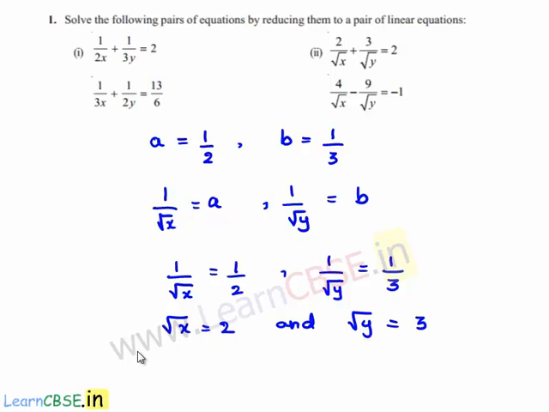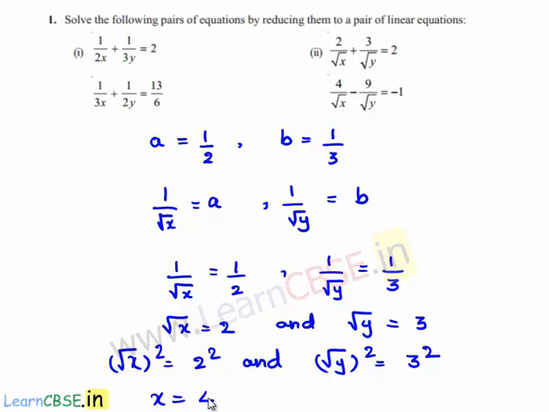On squaring on both sides, we get root x square is equal to 2 square and root y square is equal to 3 square. That is, x is equal to 2 square, which is 4, and y is equal to 3 square, which is 9. So finally we have obtained the values of x as 4 and y as 9.